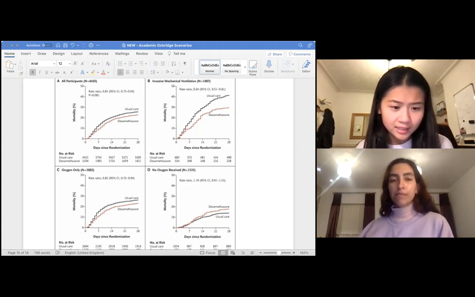I can see that each stepwise increase represents deaths in each group, and it looks like there's a big difference between each group.